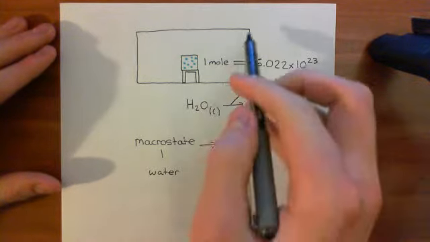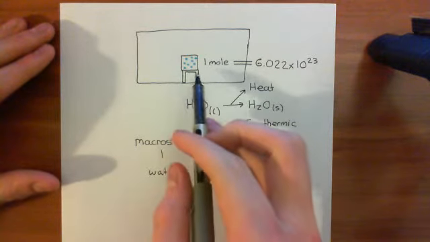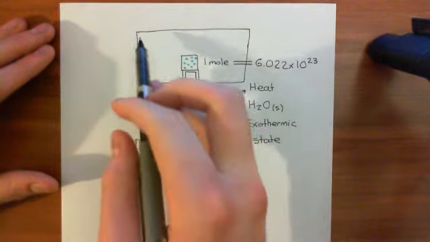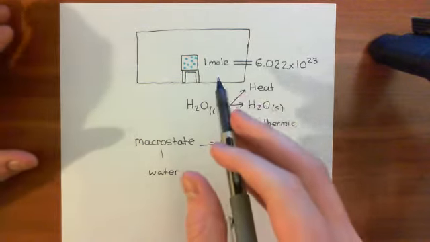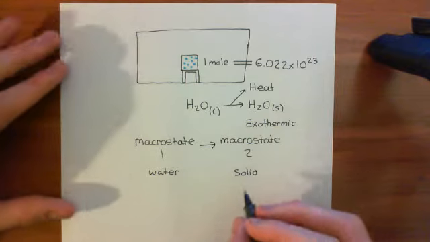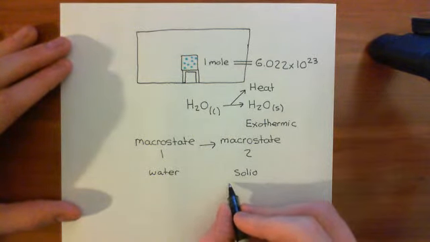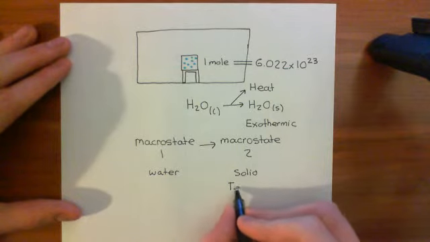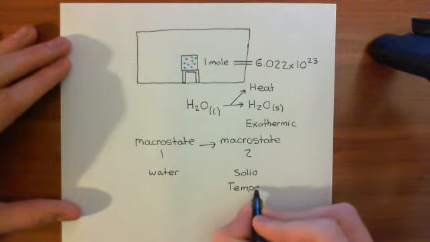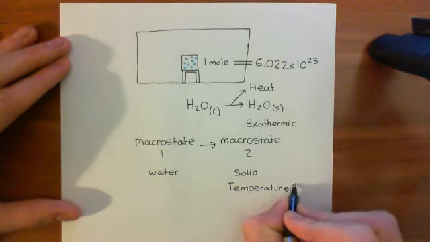That rise in the temperature of the lab and of this box is going to lead to a macrostate which has a greater number of microstates corresponding to it. So macrostate 2 isn't just that the water is now a solid, it's also that the temperature is a little bit higher. We can measure temperature, so we might just be able to detect this little change in principle at least.